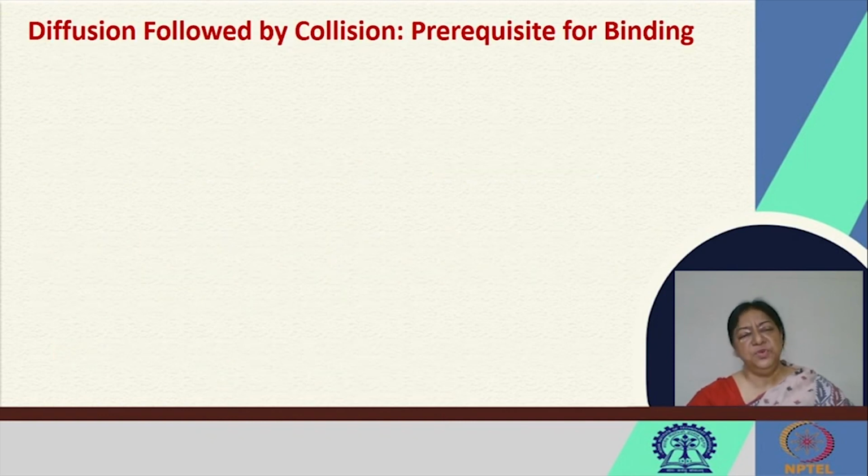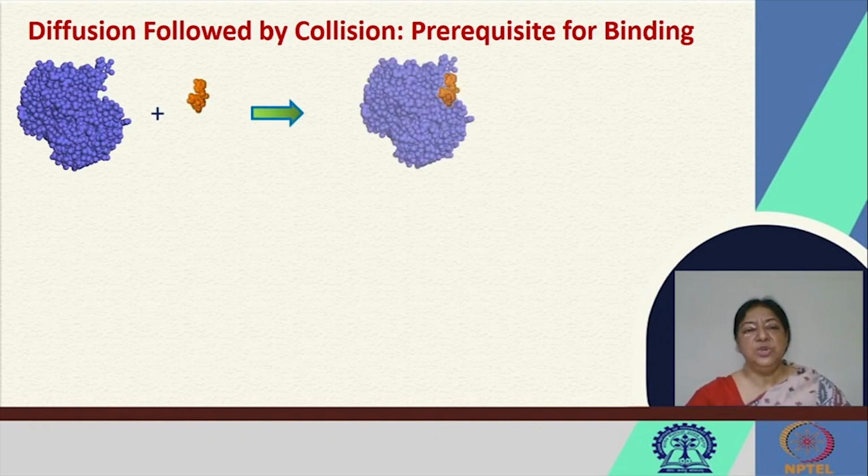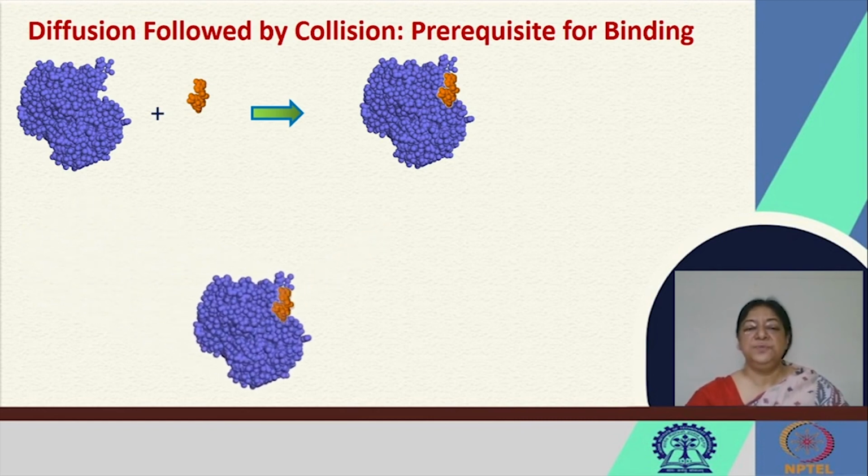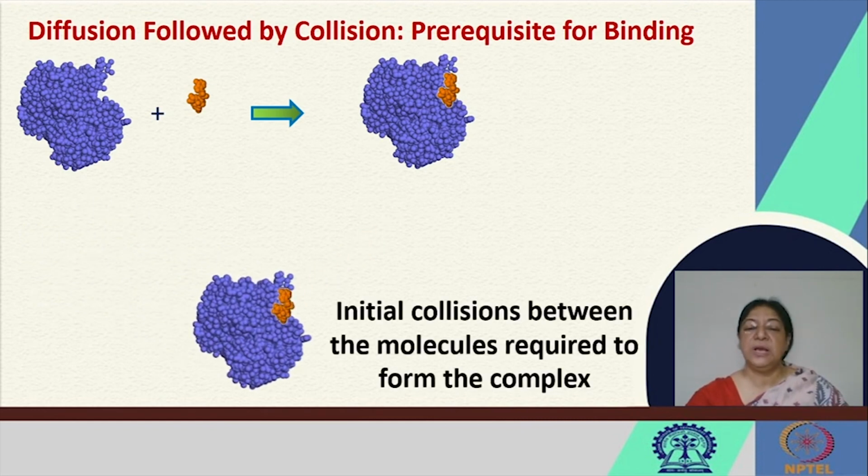If we look at a diffusion now that is going to be followed by a collision, we realize that this is a prerequisite for binding. So if we have our specific enzyme substrate complex form, this is true for the protein ligand formation as well, we would have the specific enzyme and substrate come together, the initial collision in the proper orientation that would be required for the molecules to come together to form the complex and then have a catalytic reaction and release the product.